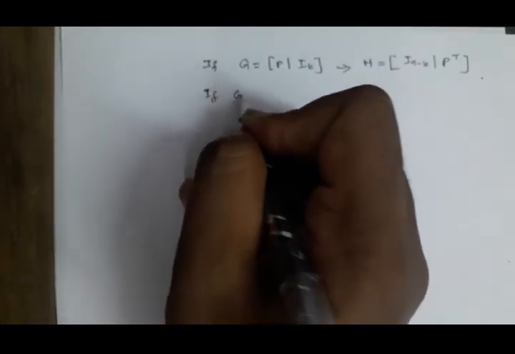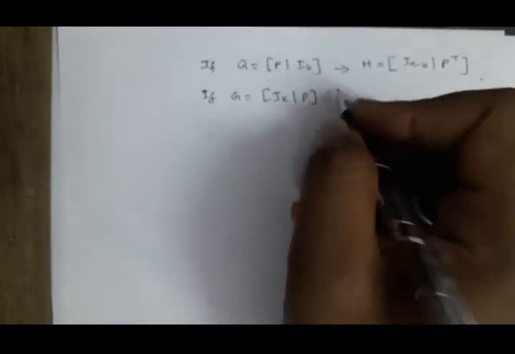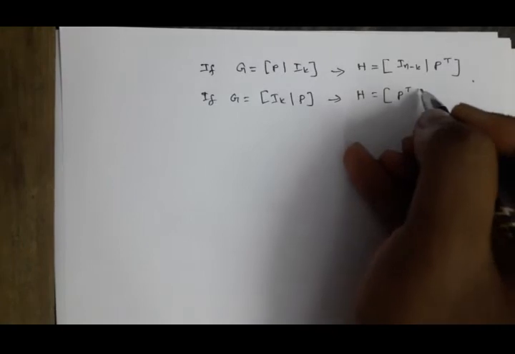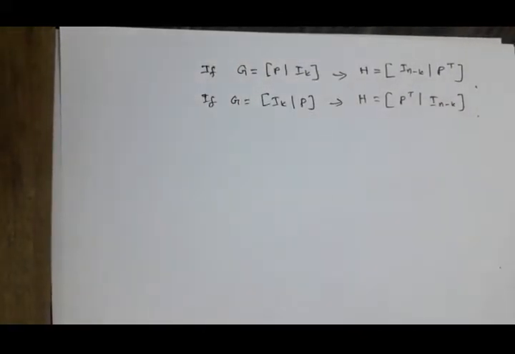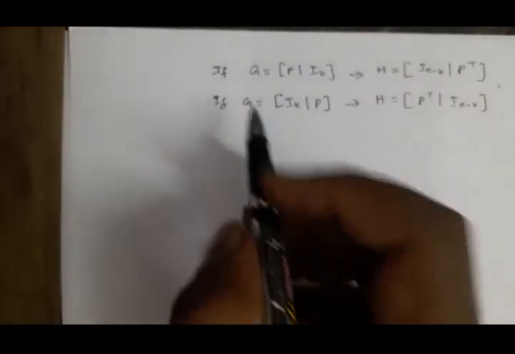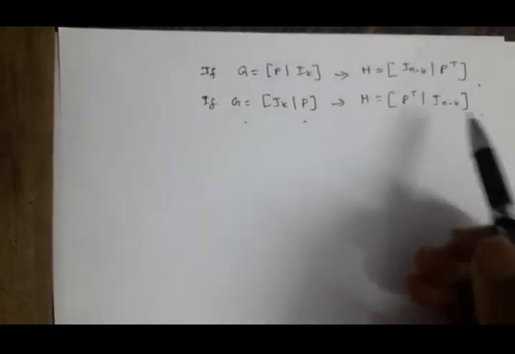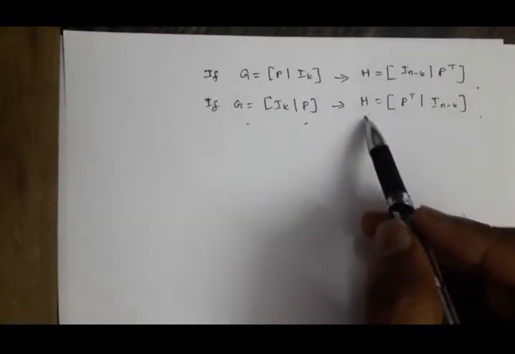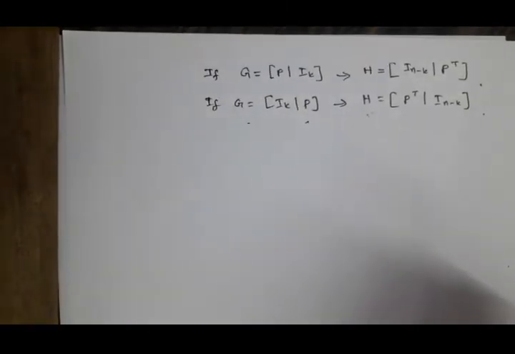If G is the combination of identity matrix and parity matrix, H can be represented as the combination of P transpose and I of n minus k. So in this problem, the generator matrix is given like this. So H should be assumed as the combination of P transpose and I n minus k.